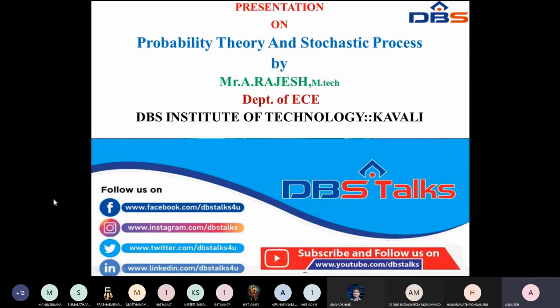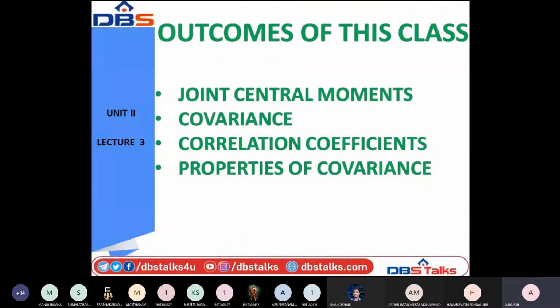So in today's class we are going to discuss joint central moments and covariance, correlation coefficient, properties of covariance. That means by the end of this lecture you are going to know about these four topics: joint central moments, how these joint central moments will be calculated, and the covariance, how we are going to calculate the covariance and correlation coefficients along with the properties of the covariance.